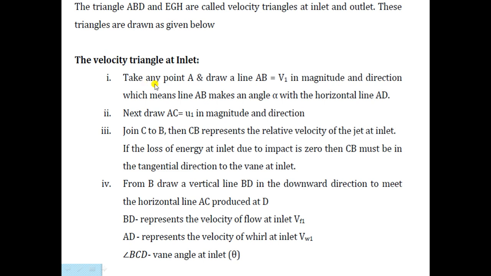The first step, we need to take any point A and draw a line AB which represents V1 both in magnitude and direction, which means line AB makes an angle alpha with respect to the horizontal line.